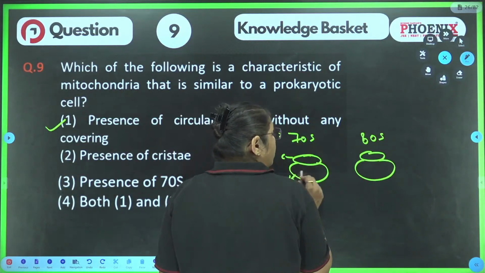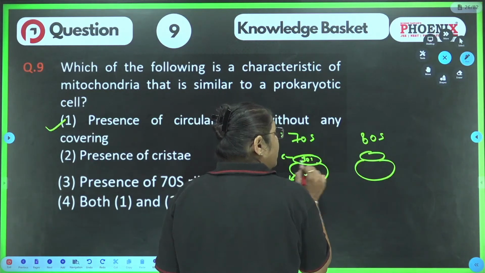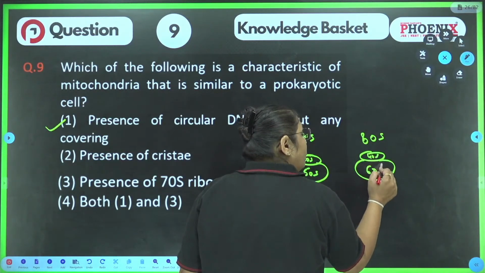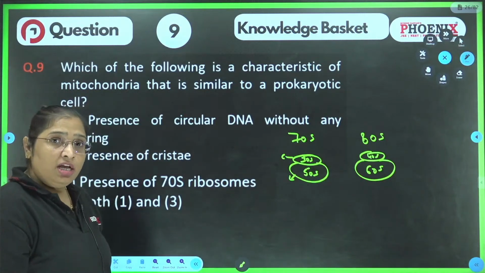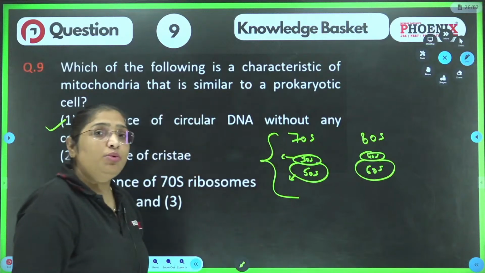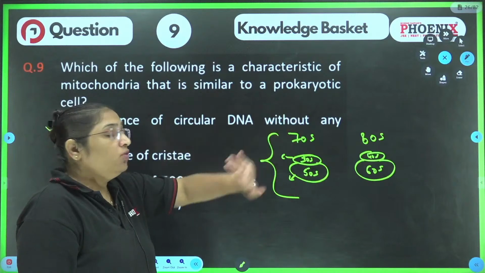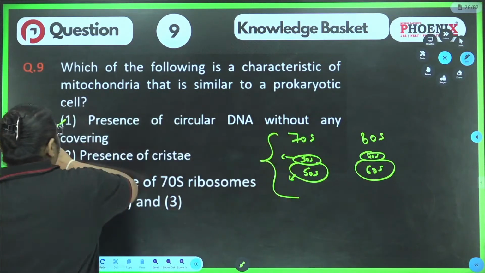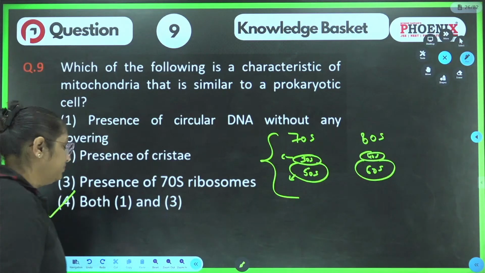So here the bigger unit is 50S and the smaller is 30S, and here it is 60S and 40S. So they have two different subunits, one smaller and one larger. Okay, so this type of ribosome is present in both prokaryotes as well as mitochondria, because mitochondria has its own ribosome units. So the answer is both 1 and 3.